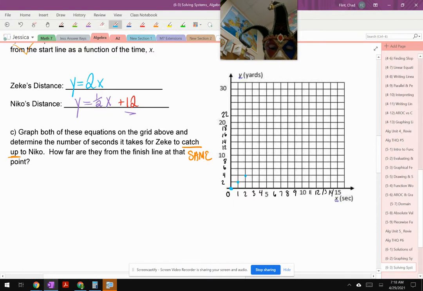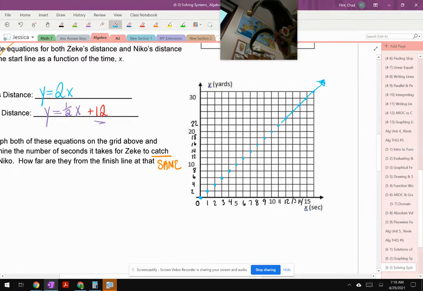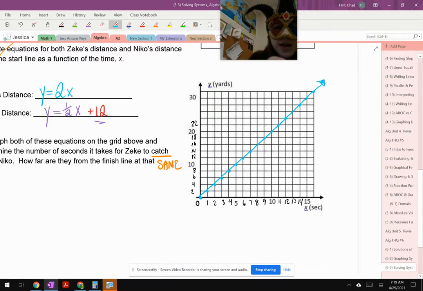So in this graph, based on the way we have it numbered, we're really going up 1 over 1, because when we go up 1, we're really going 2 yards. That is why it is absolutely essential to pay attention to your labels. Notice how my Y's are yards and X are seconds.